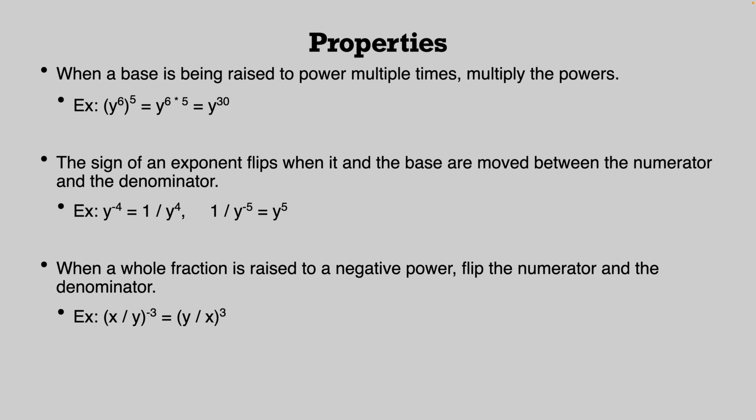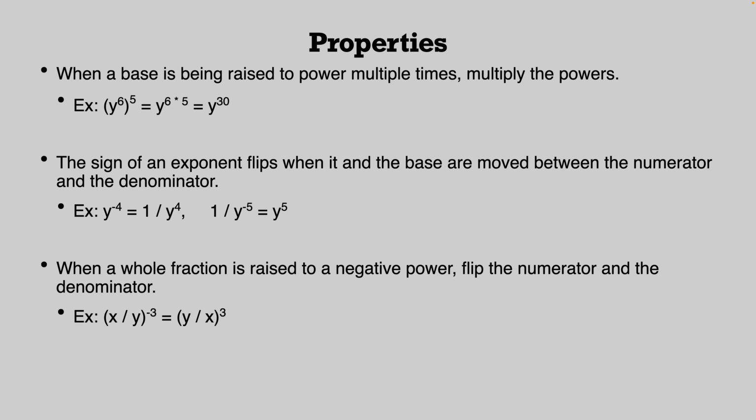This next rule is saying that the sign of an exponent will flip when it and the base are moved between the numerator and the denominator. There are two examples here. First is an example of the term with the negative exponent being in the numerator. So y to the negative 4th would be equivalent to 1 over y to the 4th.